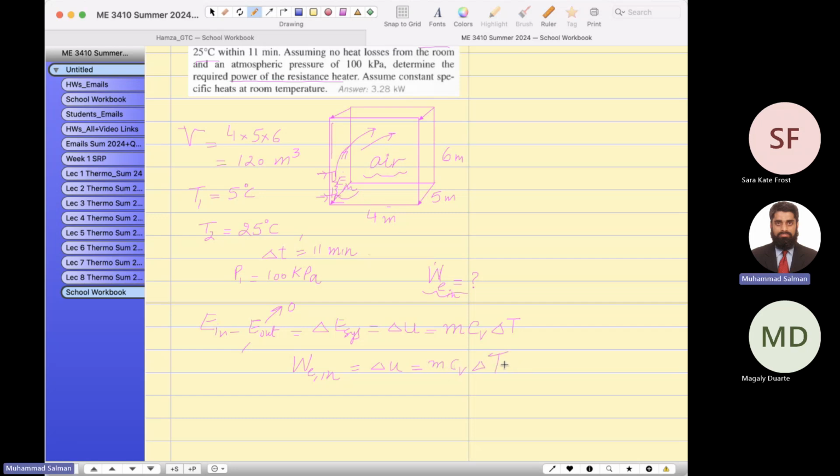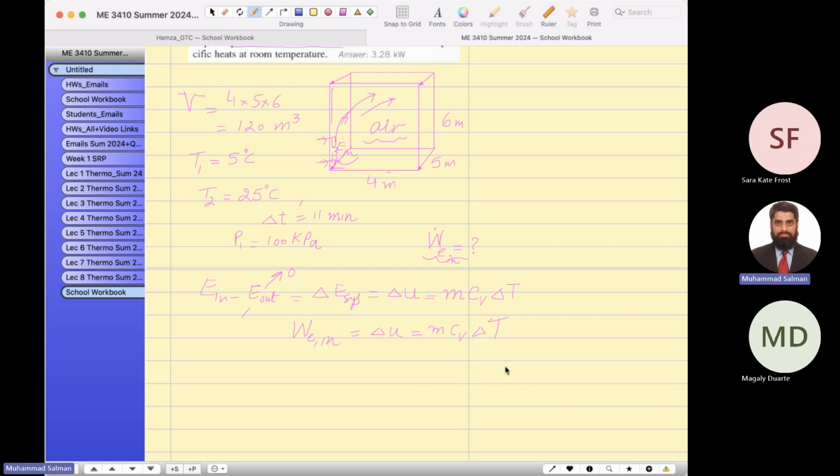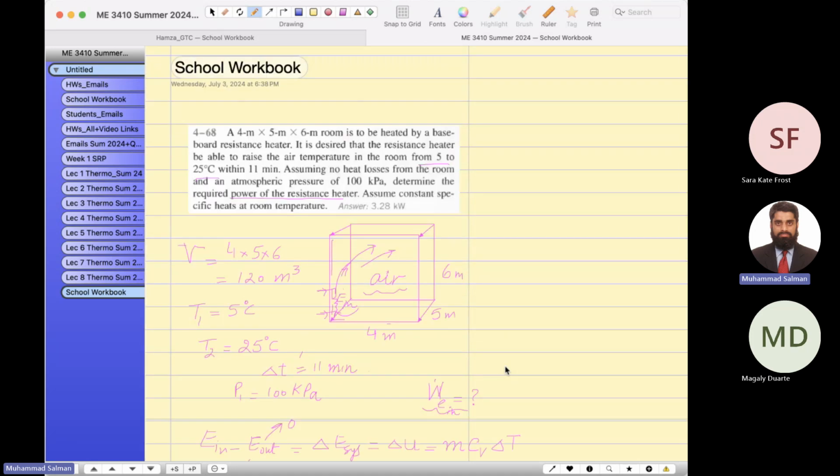The mass of the air is not given directly, but we are given the pressure and the temperature, so we can find it. If the initial temperature is 5, can you write down P1 V1 equals M R T1?